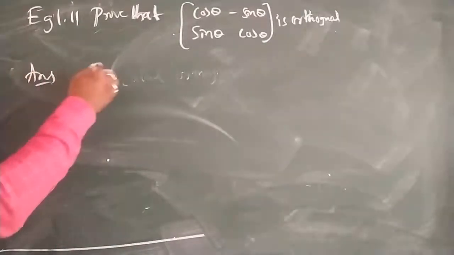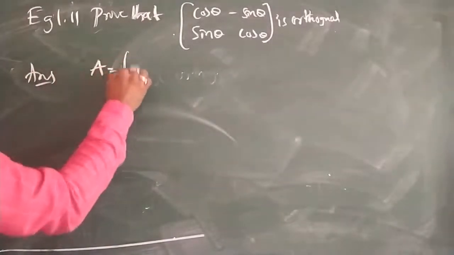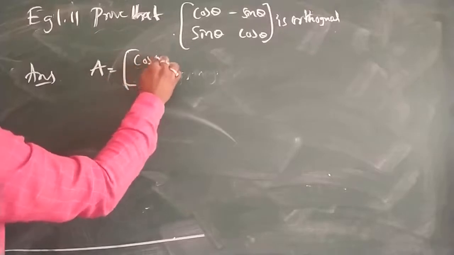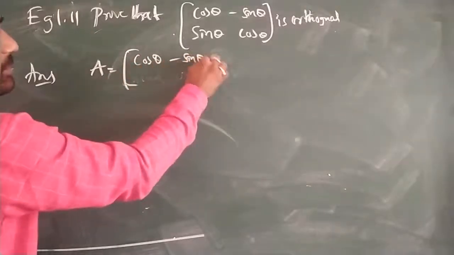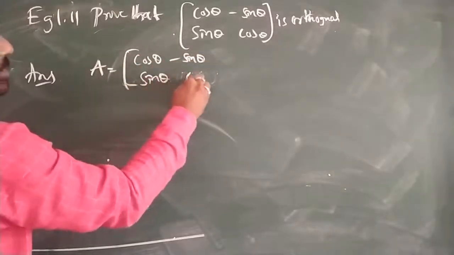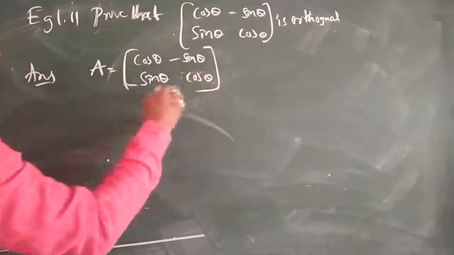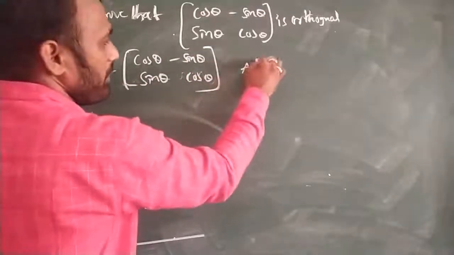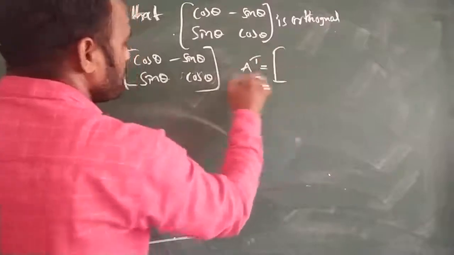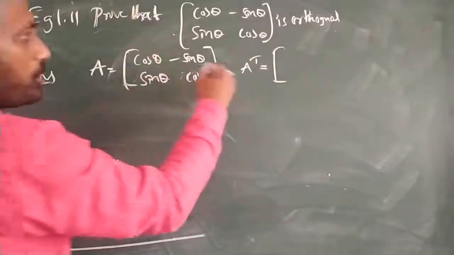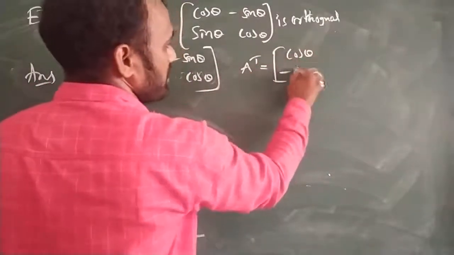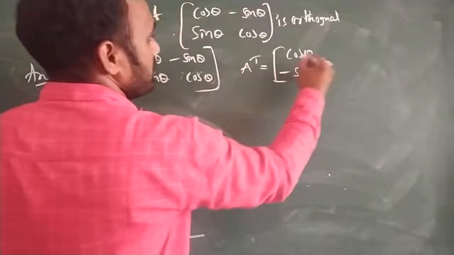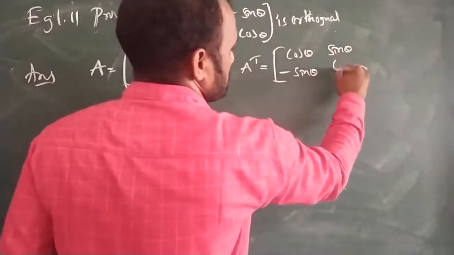First let it be matrix A, that is cos theta, minus sin theta, into cos theta. This is a 2 by 2 square matrix. First let me apply the transpose to this matrix, which changes rows into columns. So that is cos theta, minus sin theta, and cos theta.